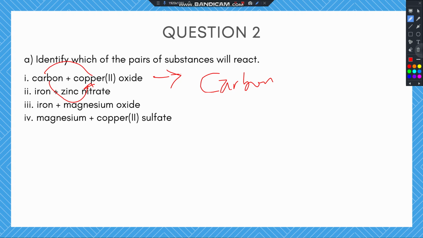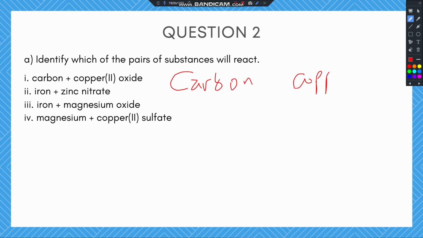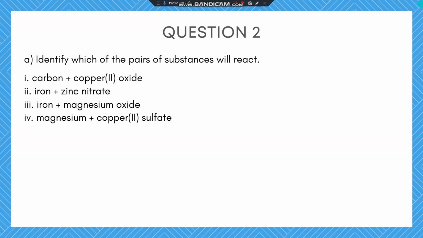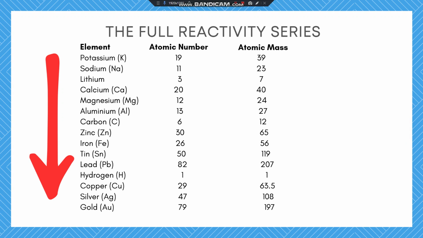So how do we know if carbon will be able to displace copper? We are going to check our reactivity series. The element that is standing alone is carbon, and the one that is in a compound is copper. Between carbon and copper, which one is stronger? Let's check our reactivity series.